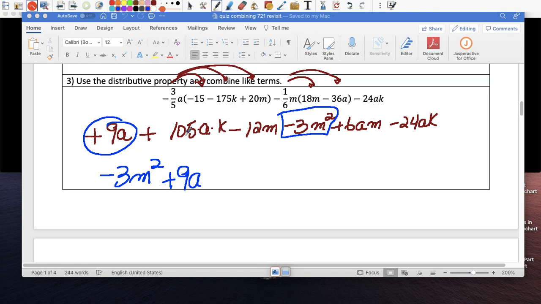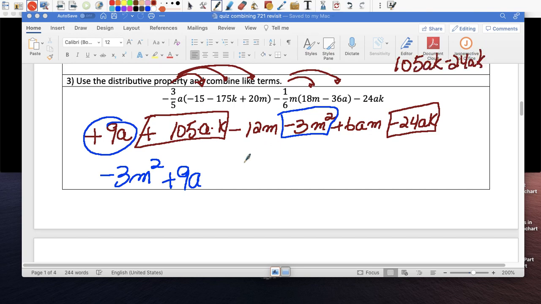And then we have anything with a, yeah, we have AK, and there's something here that says AK, that's 105, so plus 105 AK, and this is minus 24. Literally, it's 105 AK minus 24 AK. The AK stays. First of all, 105 minus 24 is going to be positive 81.